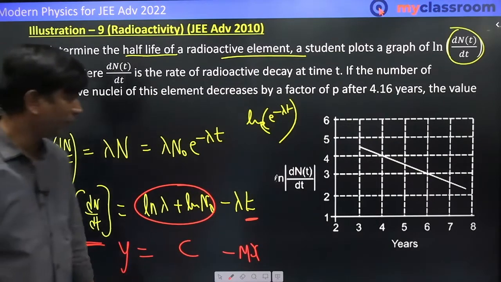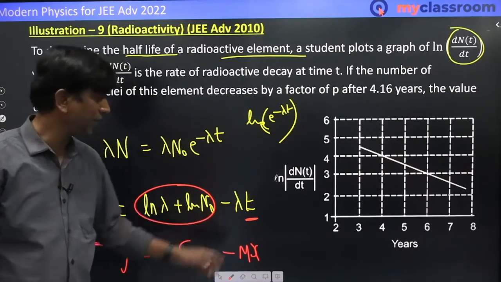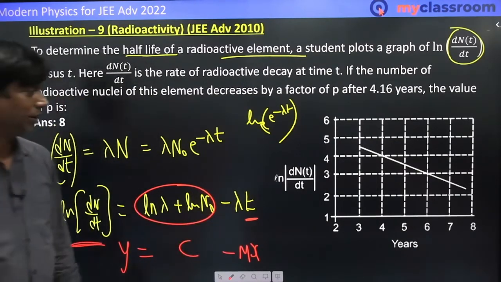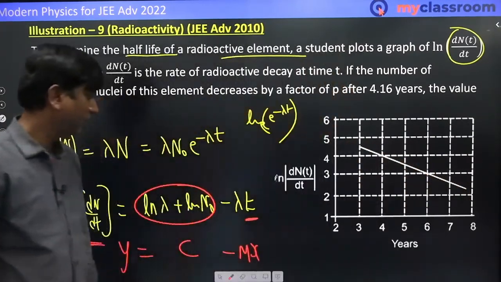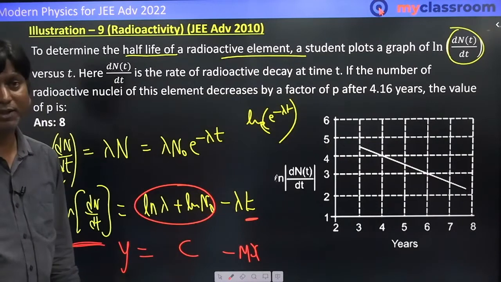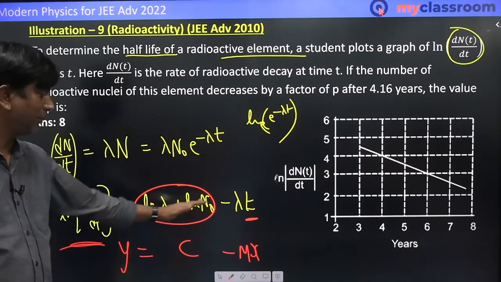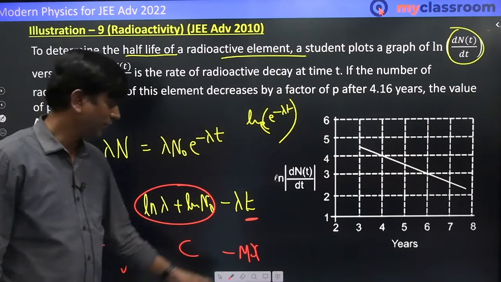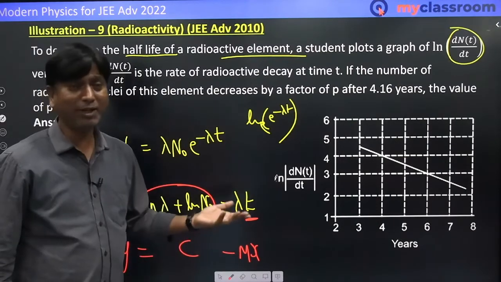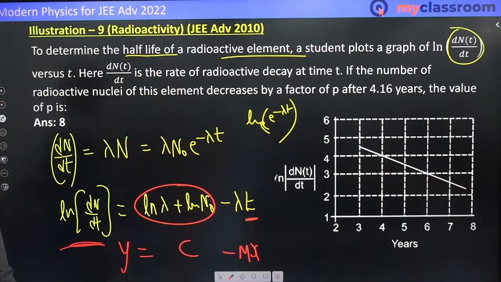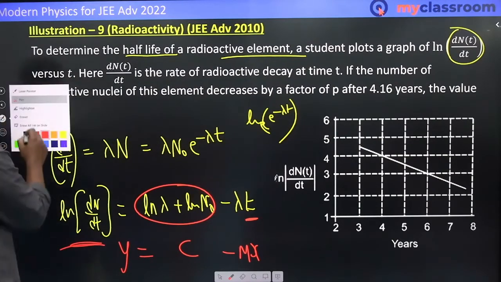That means clearly what we want is a slope. Slope is nothing but lambda. So they have already given this line, and this line's slope will be equal to lambda, right? Comparing these two, you get the slope is nothing but lambda. And why do we want the lambda? When you get the lambda, you can get the half-life period. Okay, simple.